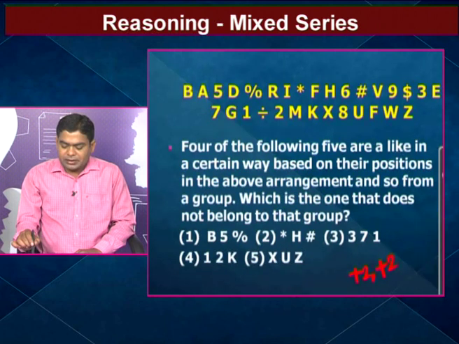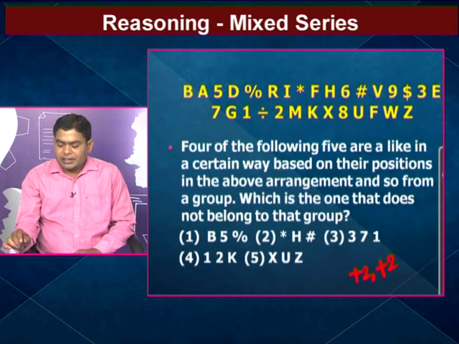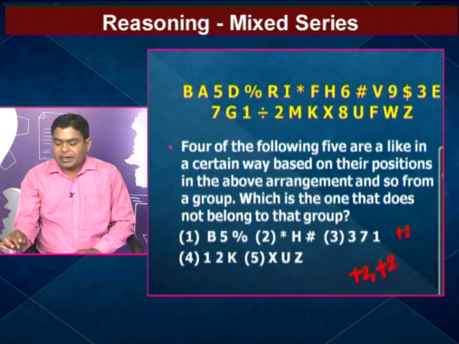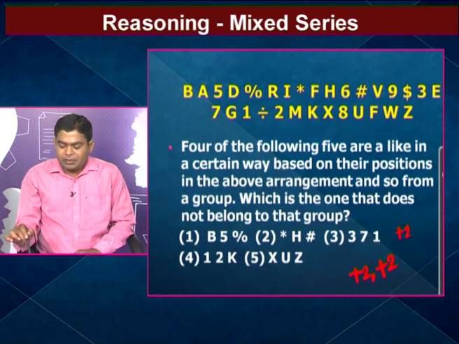Again we go to the next option, that one is star H hash. Here in the given series star is there, H is there, that means in between star and H one element is there, so indirectly the second element of star is H, that means again plus 2. After that H is there, hash is there. The second element of H is hash, that means the rule is also plus 2.